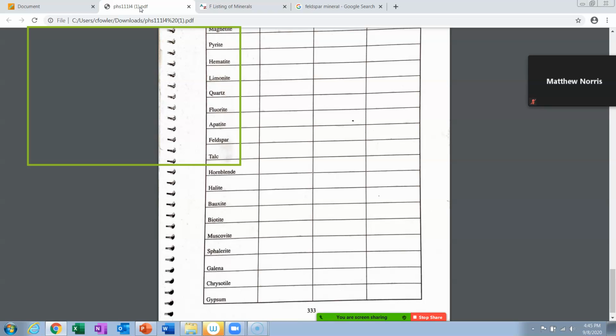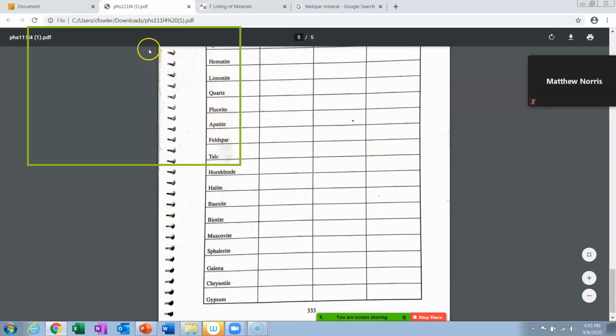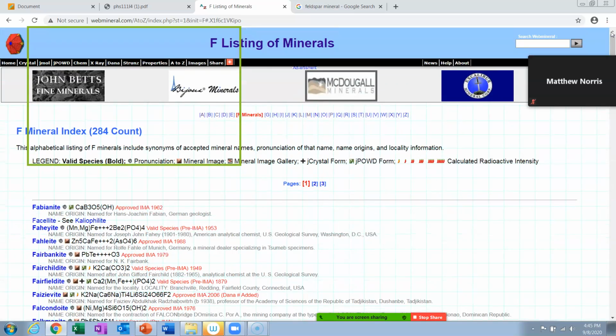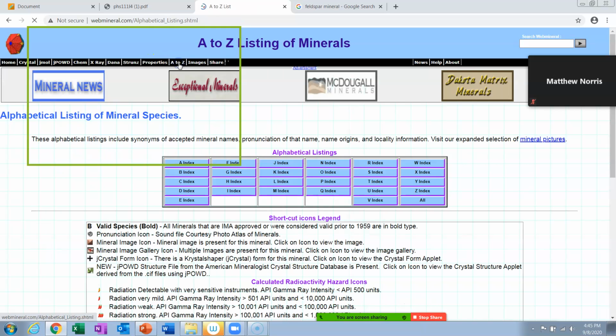Let's make sure orthoclase is on there. It's not. So first let's see if A to Z listing, if we can find orthoclase. So go back to the top and do our A to Z listing again. And this time we'll do orthoclase.